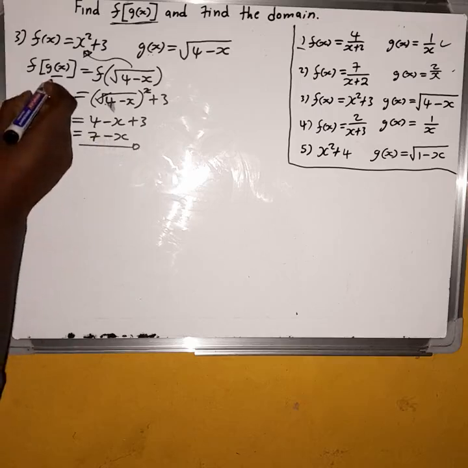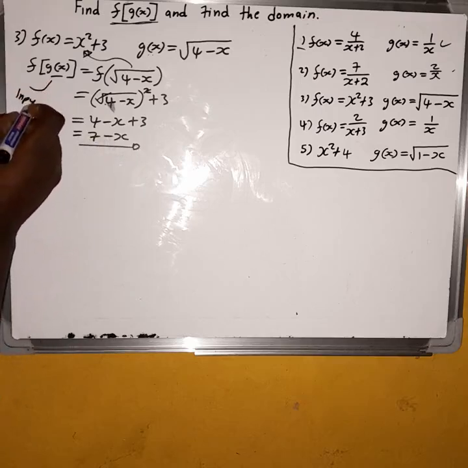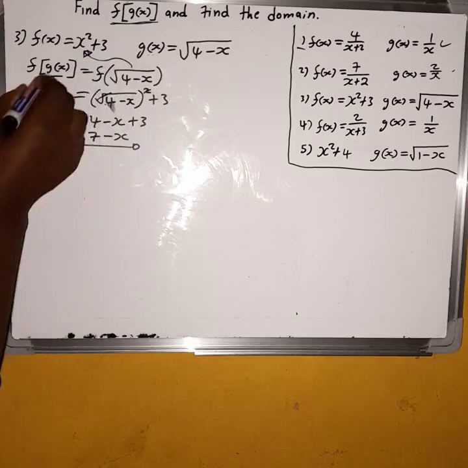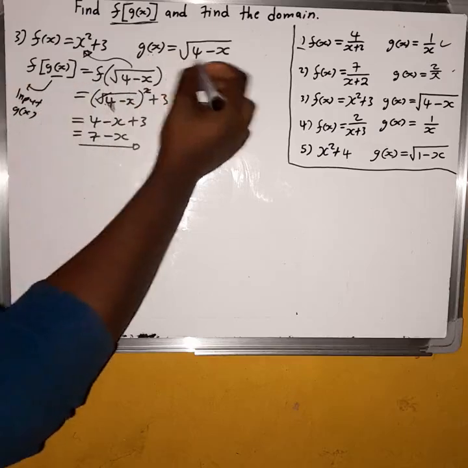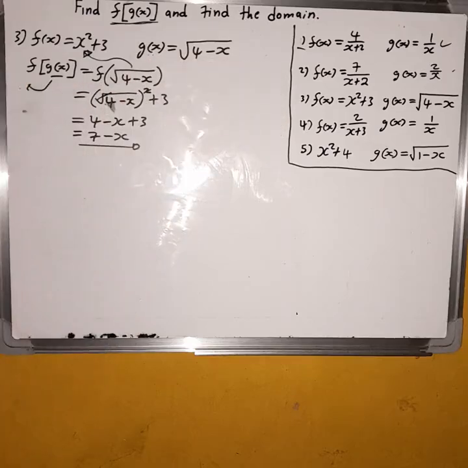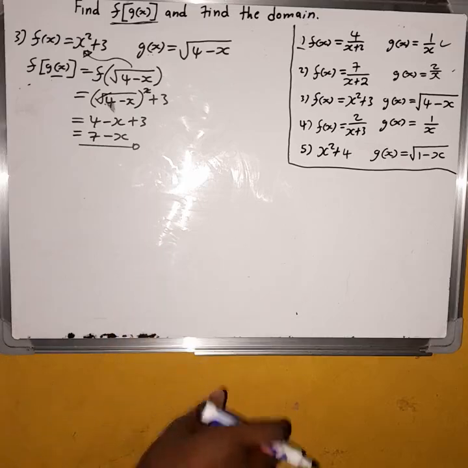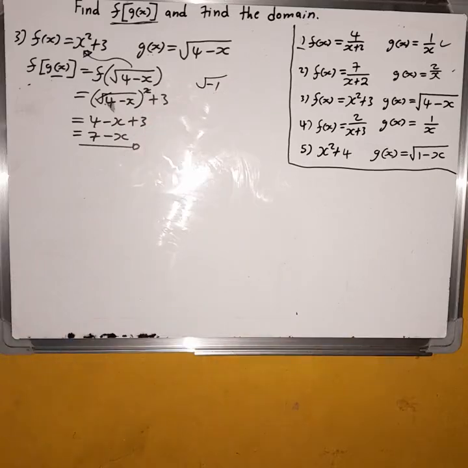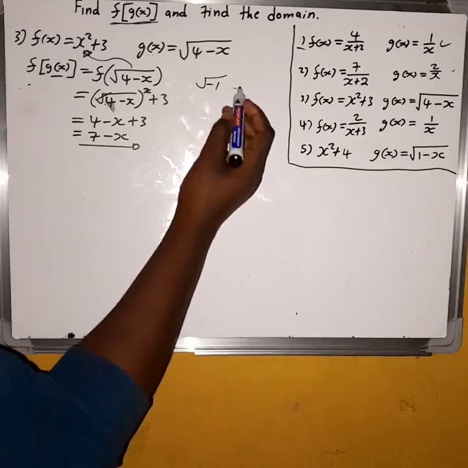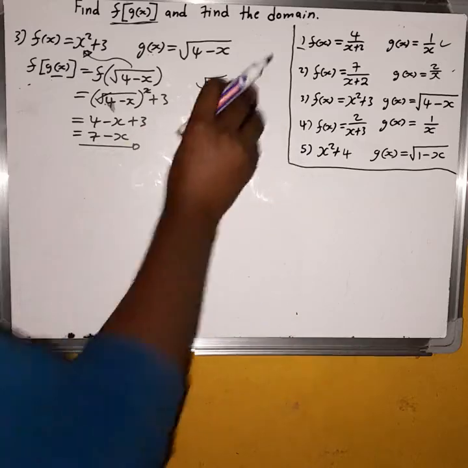Now the input here is g of x. Let's check the restriction for the input g of x. If you have a square root, you must not have a negative value there, because this will result in an imaginary number.